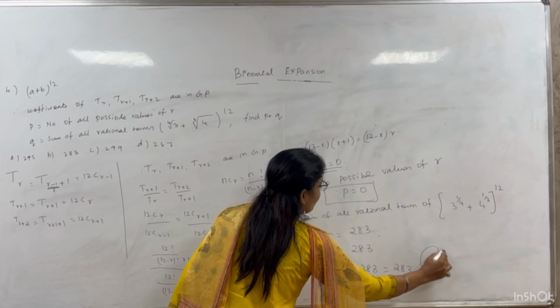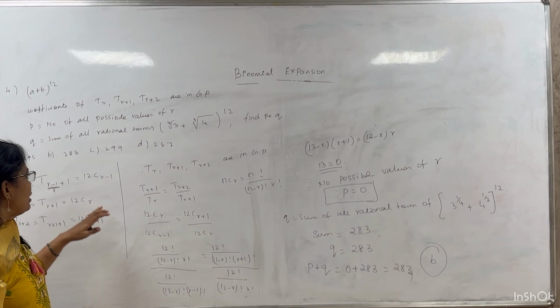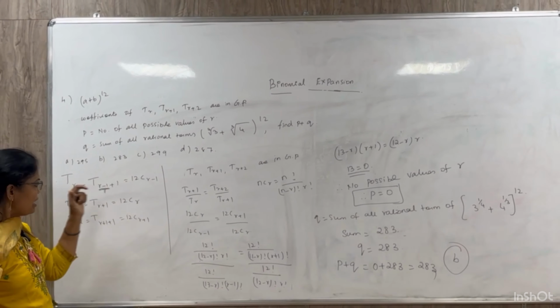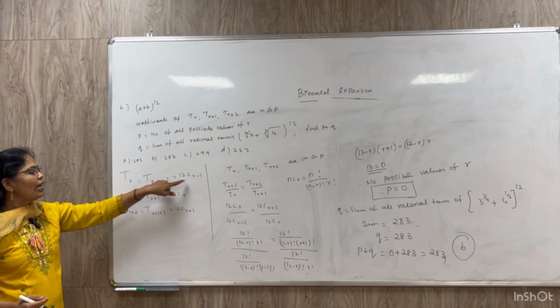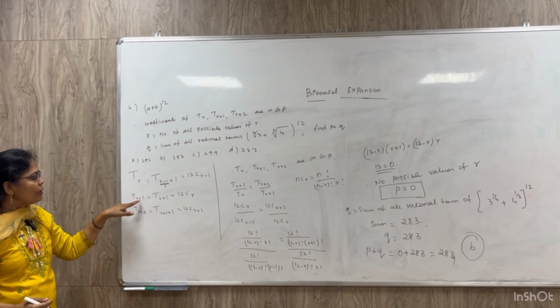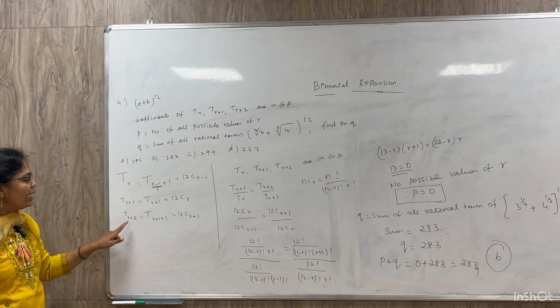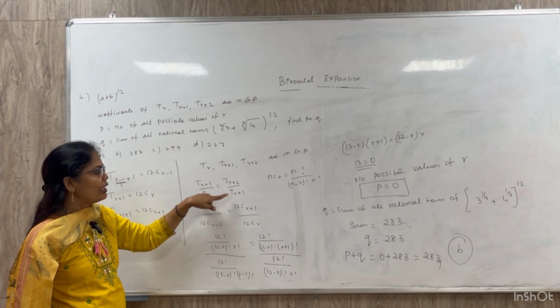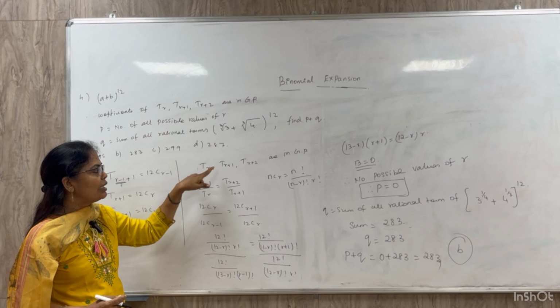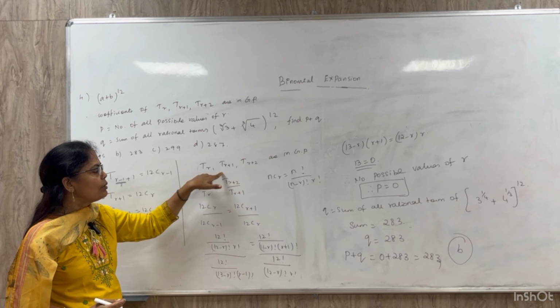Okay, so use the concept one by one. First I have to use r in GP. First you have to gather the value of r, because for T_r your r will be r minus 1, for T_(r+1) your r term is r, and for T_(r+2) your r term will be r plus 1. Then you use the concept of GP: the second term divided by the first term is equal to the third term divided by the second term, that is, the ratio between two consecutive terms is equal.